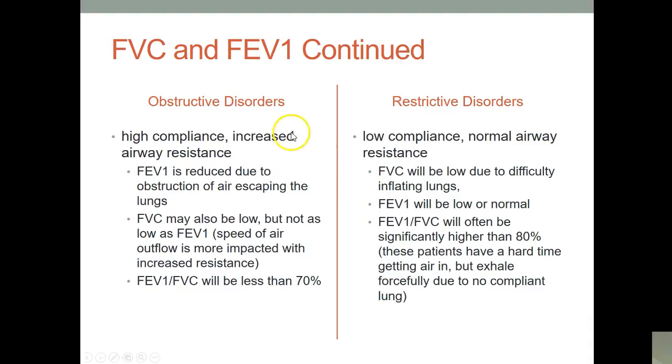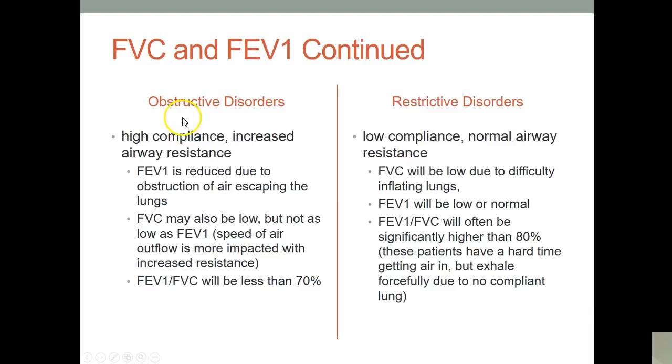Okay, so let's look at what we see with the FVC and the FEV1 in obstructive and restrictive disorders. That ratio of the FEV1 to FVC can be used to help determine obstructive versus restrictive diseases. Normally that FEV1 to FVC ratio is around 80% to 85%.